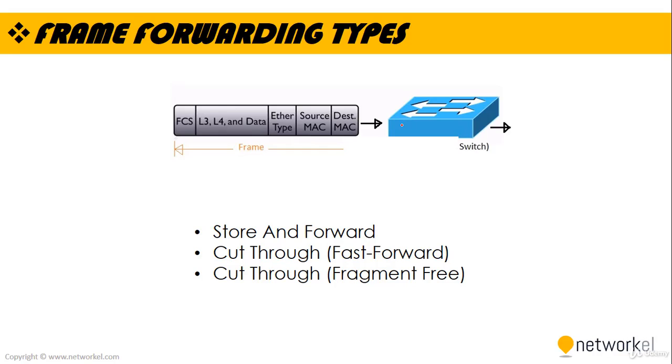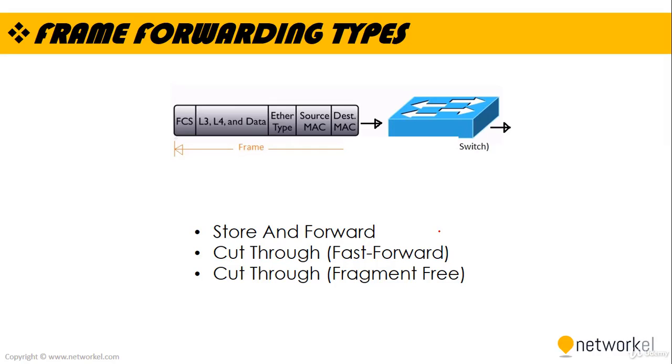And let's take a look at the frame forwarding types. We have three frame forwarding types when we are forwarding a frame in our switch, and they are store and forward, cut through, and cut through fragment free. In store and forward, the frame is forwarded after the whole frame is received and the CRC is checked.